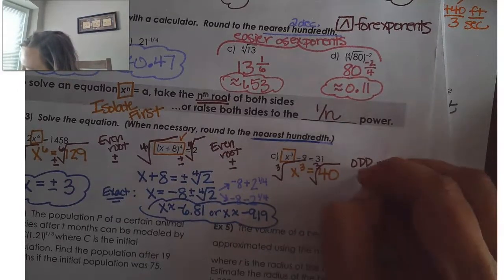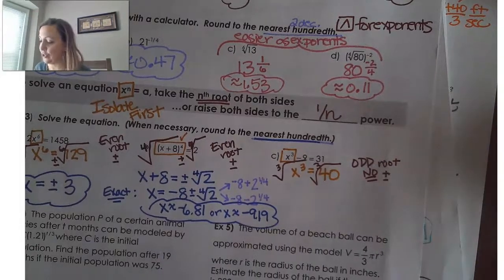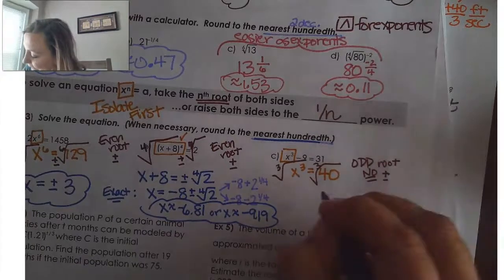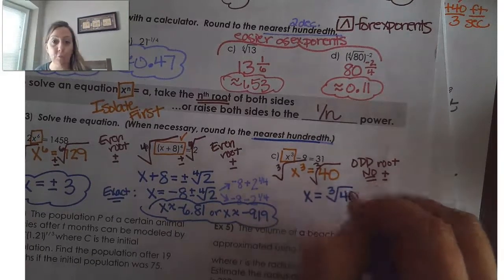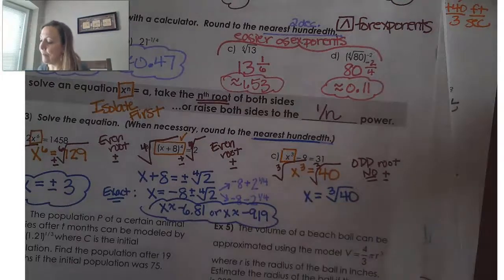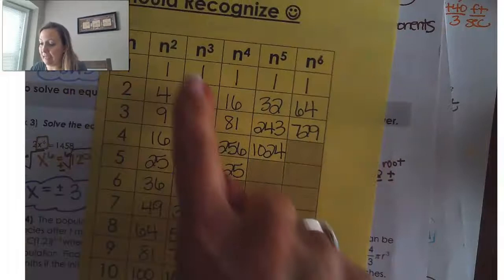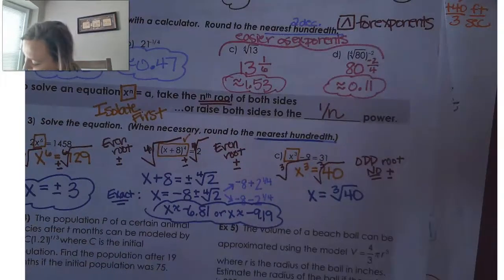So that means no plus or minus. So that just means that x equals the cube root of 40. No plus or minus because it's an odd root, an odd index. I look and I see that 40 is not a perfect cube. So that means, again, this is the exact answer, which I like.